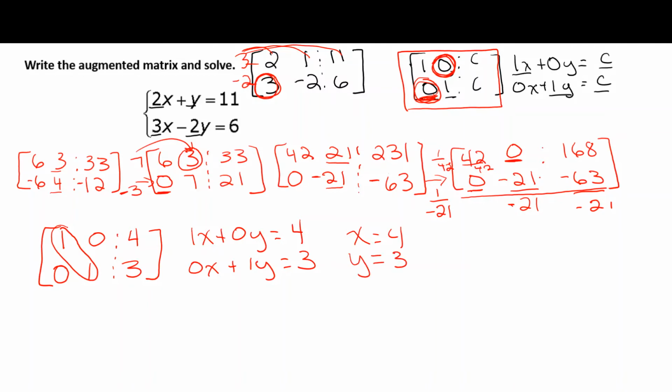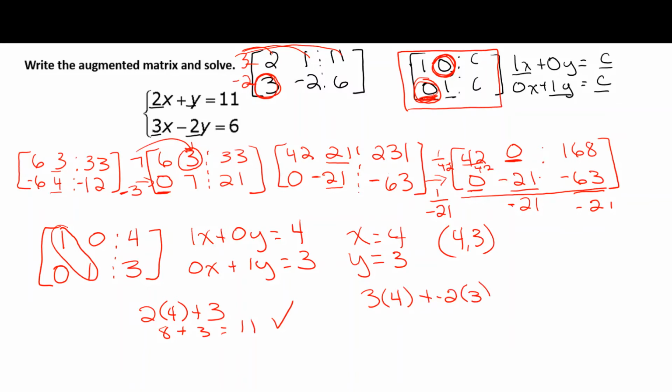Now, we always have to go back and check to make sure that our solution is correct. So let's go ahead and fill it in. 2 times 4 plus 3, that's 8 plus 3 is equal to 11. So that's a check. All right, and then 3 times 4 plus a negative 2 times 3. 3 times 4 is 12 plus a negative 8.